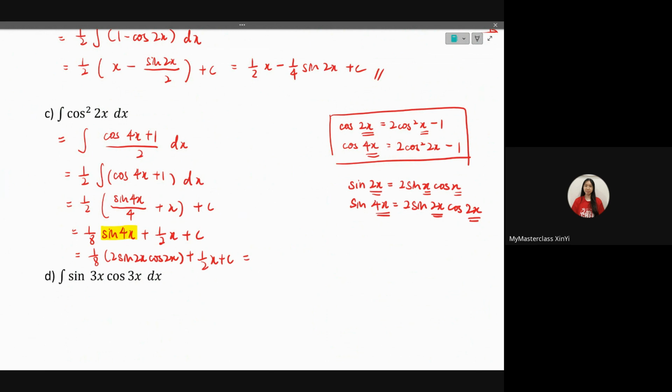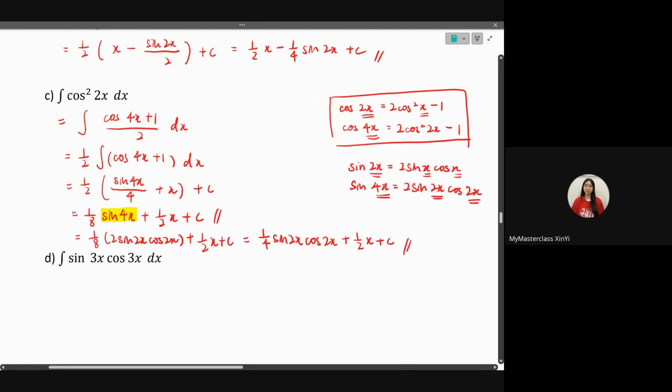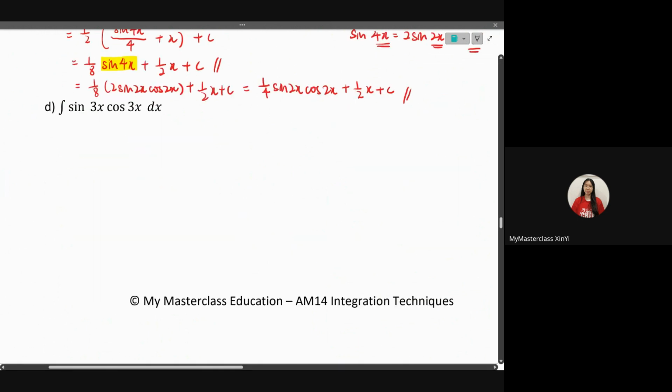Which is essentially just 1/4 sine 2x cosine 2x plus half x plus c. So you can also simplify to this, or you can leave your answer as this as well. Okay, now let's look at one last example.